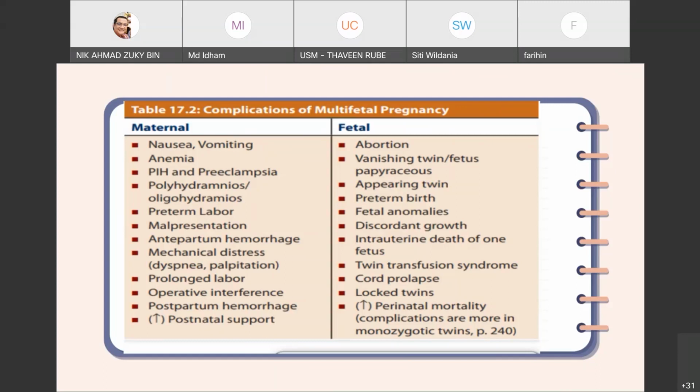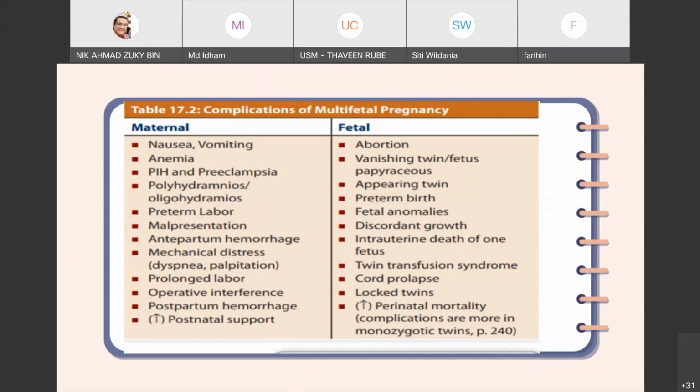Preterm birth, same as preterm labor, is very common. And then fetal anomaly, and also discordant growth, meaning there's a difference of growth in the twins, and intrauterine death of one of the fetuses.